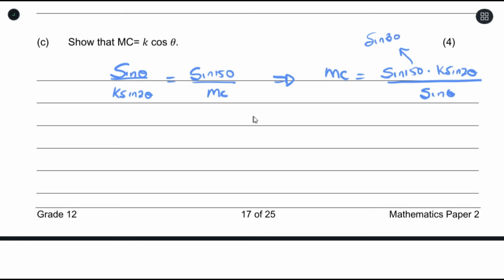Because it's in the second quadrant. So since sine 150 gives you sine 30, which is equal to half, I understand that this here will be K times, that is double angle identity.